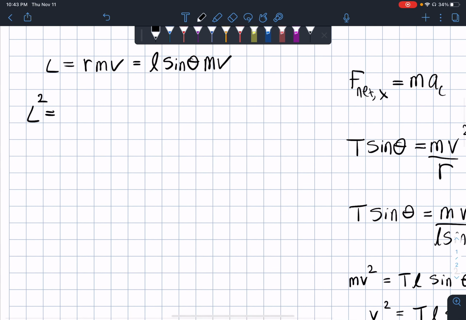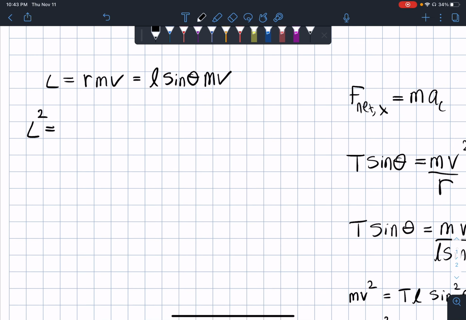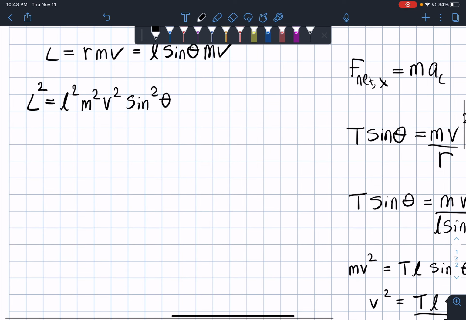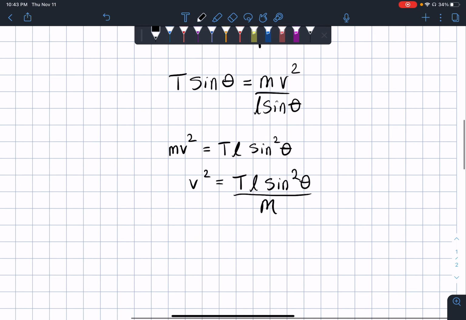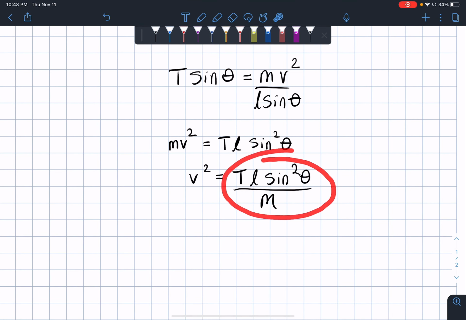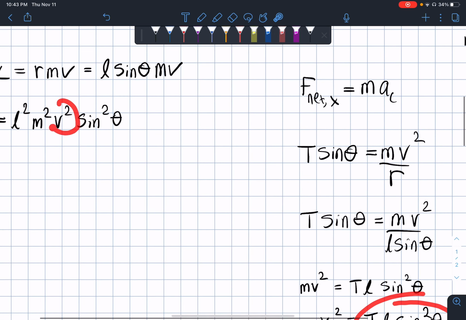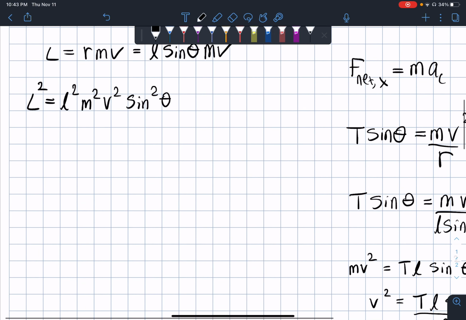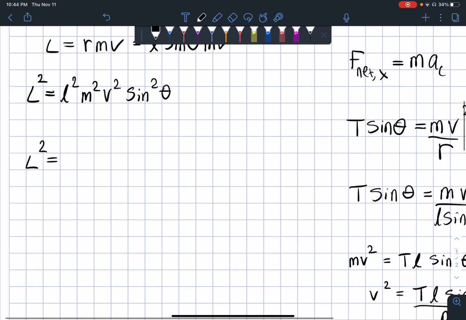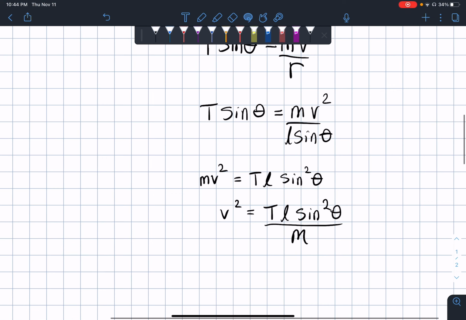So capital L squared equals little l squared times m squared times v squared times sine squared theta. Okay, so now I can actually substitute this directly in for v squared here. So I'm going to get L squared is equal to, and I'm going to put the v squared out front. So I'm just going to copy this.